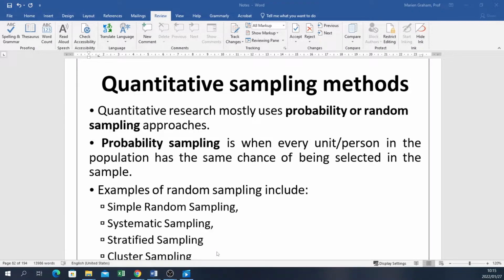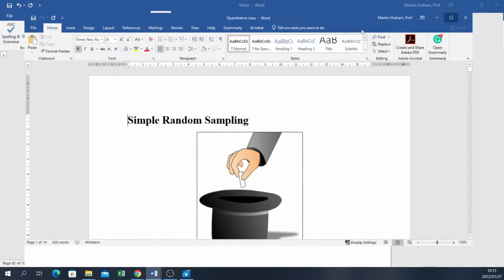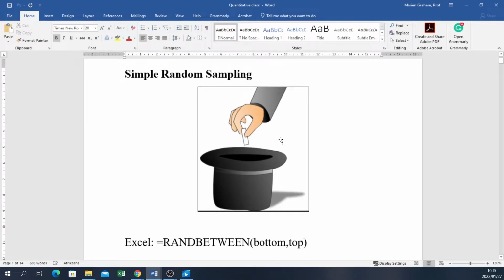So simple random sampling, this would be, for example, where you write down all the names of the fourth year students on little pieces of paper, and you make a lot of these. You know, there's 1,000+ students, you'll need 1,000+ little pieces of paper.